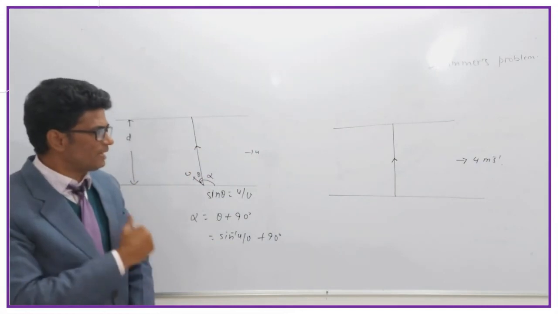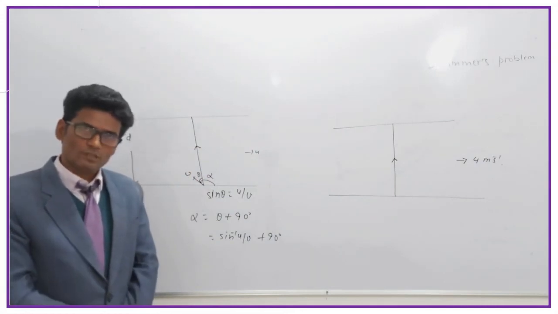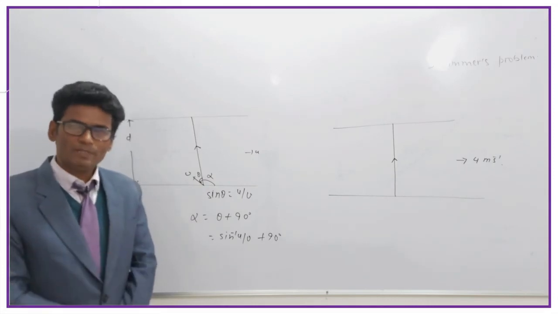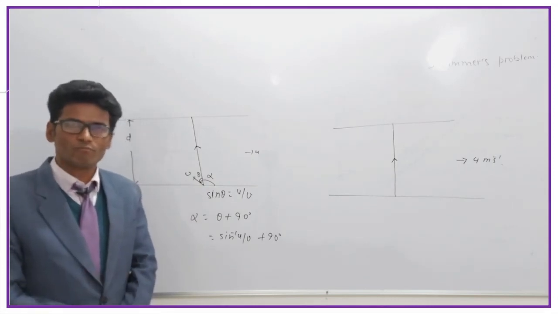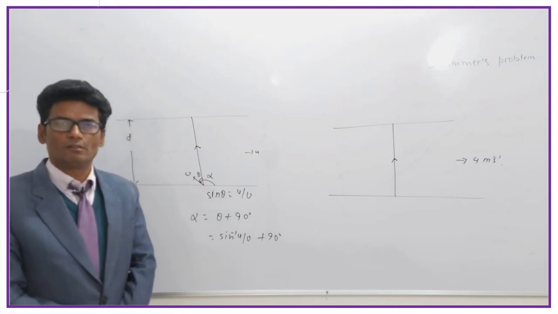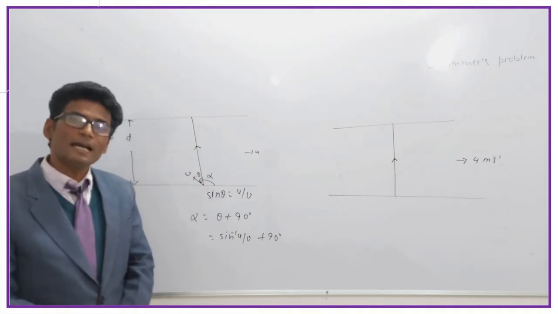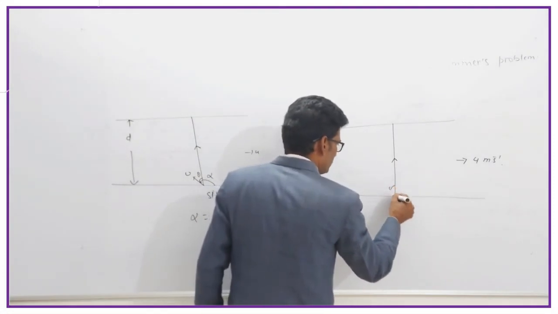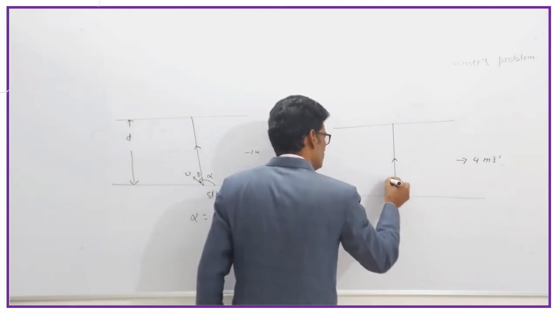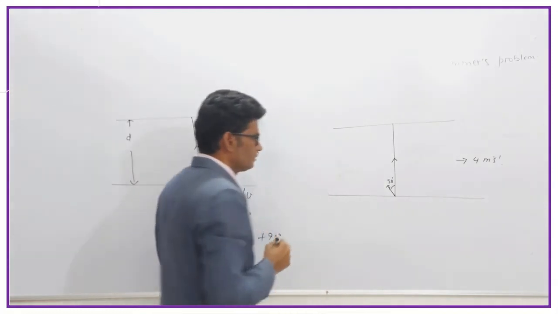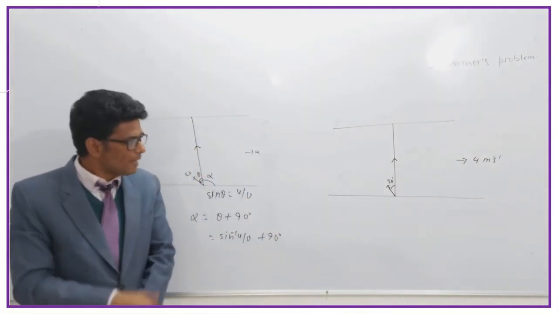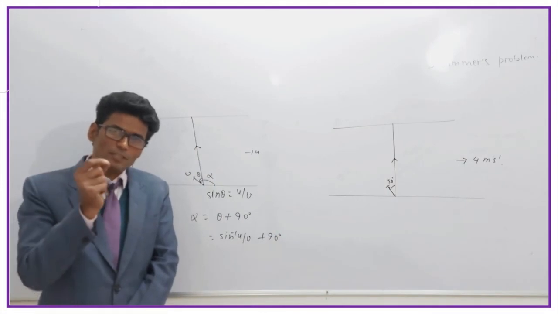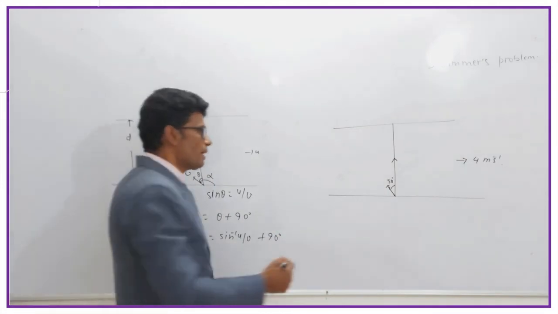And it is already given that the swimmer is headed to swim at an angle of 30 degree with the vertical in anti-clockwise sense. So this is 30 degree. Then we have to find the swimmer's speed with respect to still water. So we have to find v.